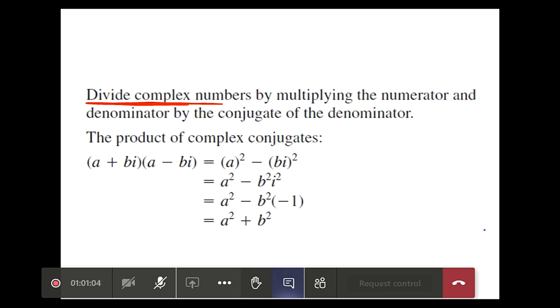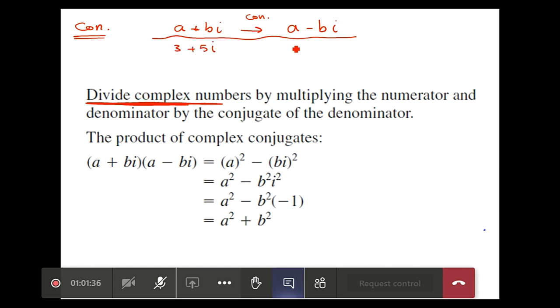If we have a complex number a plus bi, the conjugate equals a minus bi. For example, if we have 3 plus 5i, the conjugate is 3 minus 5i.